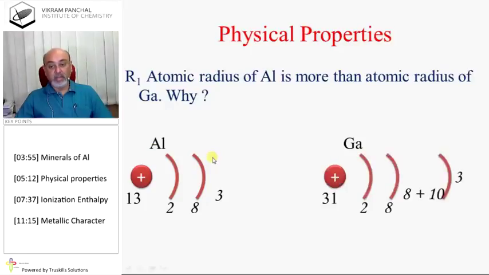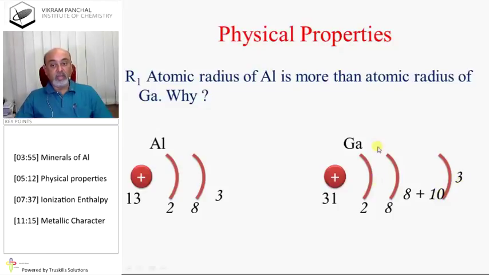While in the case of gallium there are 8 plus 10, 18 electrons in the third orbit. Out of this, the d orbitals contain 10 electrons, and these 3 electrons are in the fourth orbit. The d orbitals are directional and always away from the nucleus, so there will be very little screening effect of d orbitals on these 3 electrons.